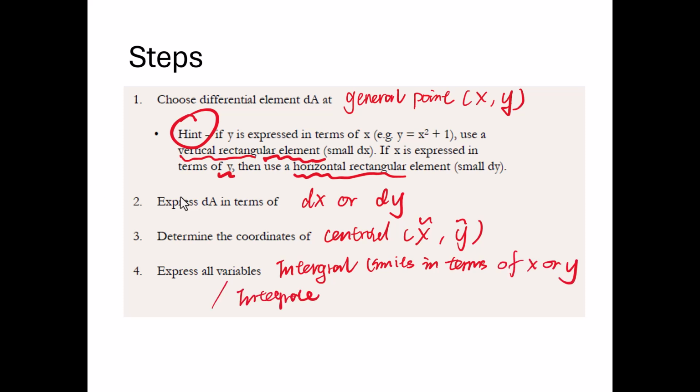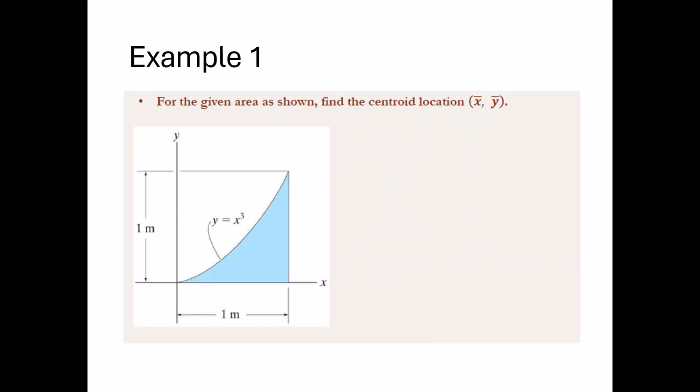Okay, let's see an example. Example 1, we are given the area as shown, and we need to find the centroid location x and y of the shaded area.